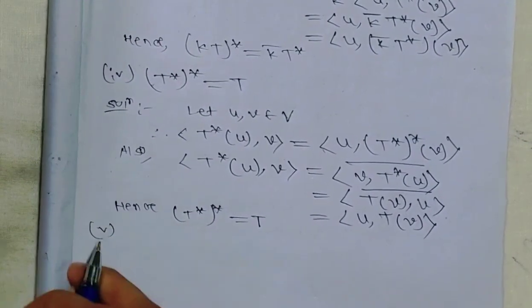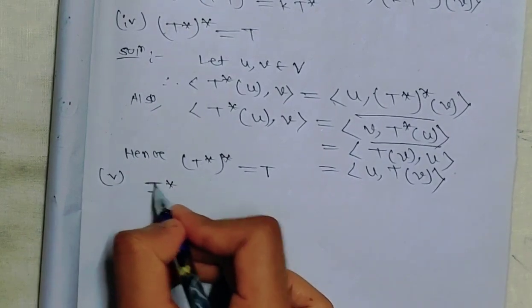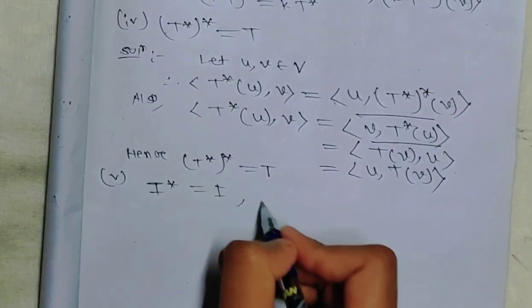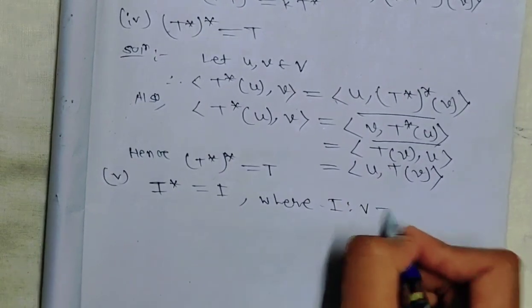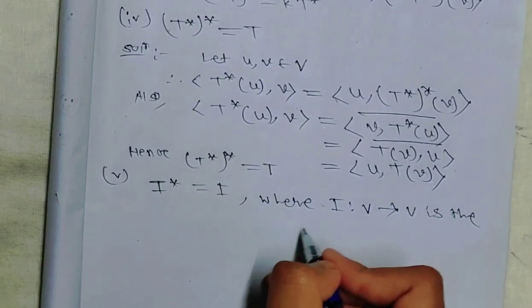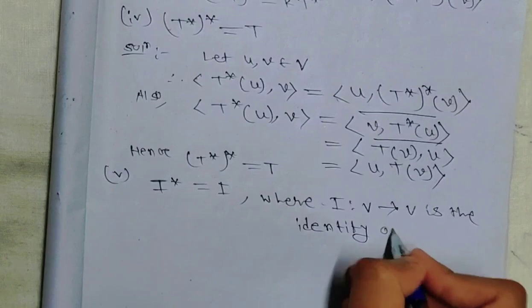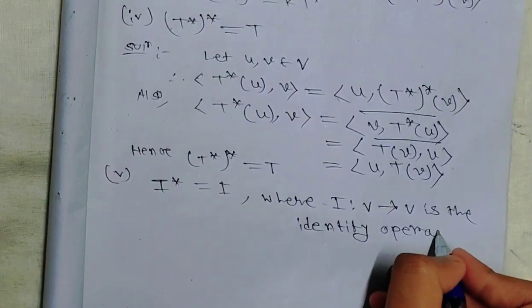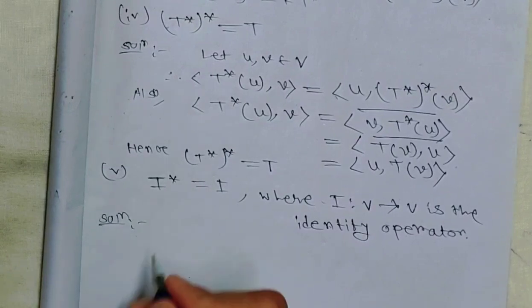Now the fifth property is I star equals I, where I from V to V is the identity operator. Solution.